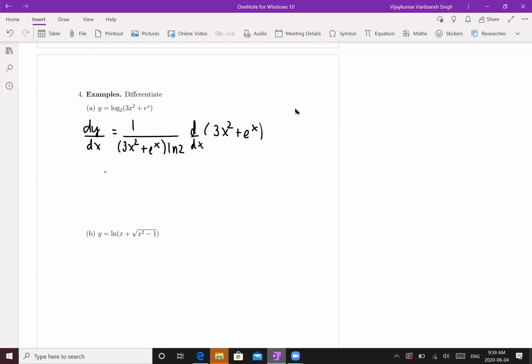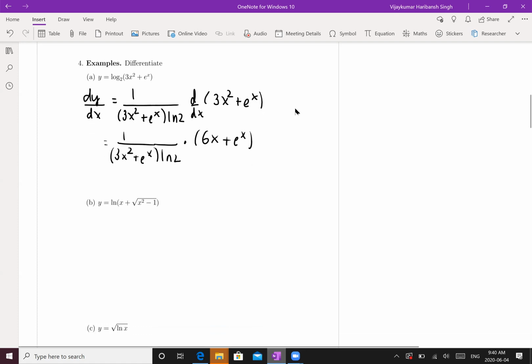Now, in this case, we get 1 over (3x squared plus e to the power x) times ln 2 multiplied by the derivative of 3x squared, which is 6x, and the derivative of e to the x, which is e to the x.